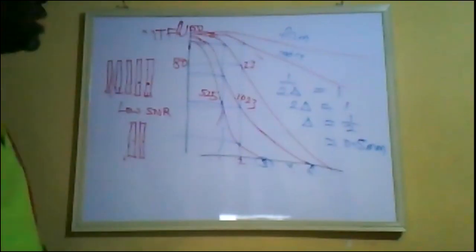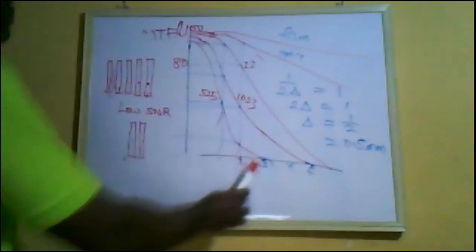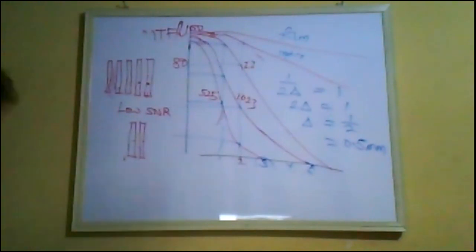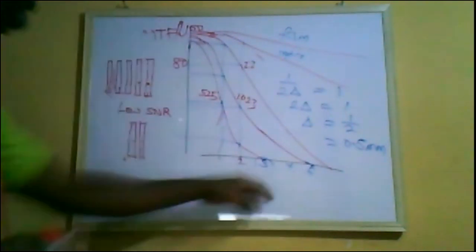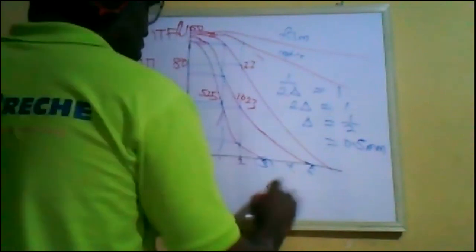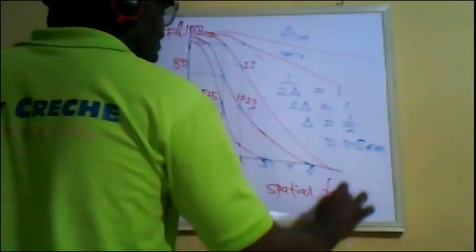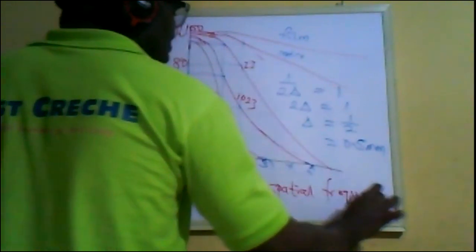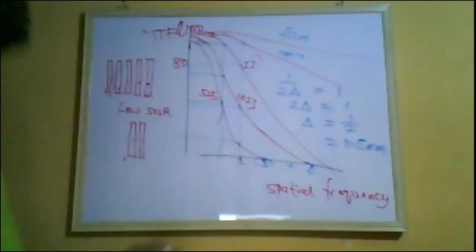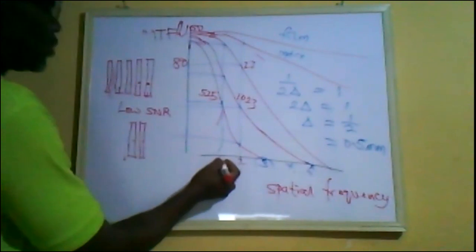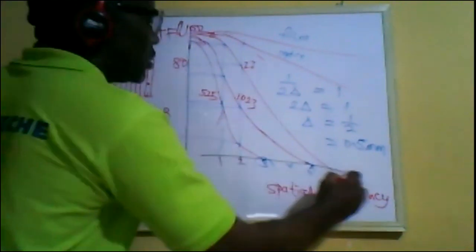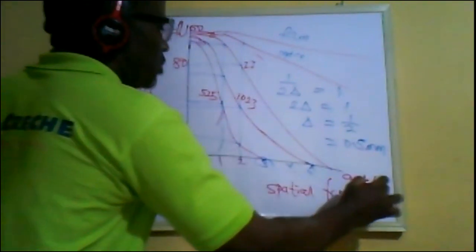Okay. Then for film and the II, the MTF is plotted up here against spatial frequency. Look at this at 1 cycle per millimeter.